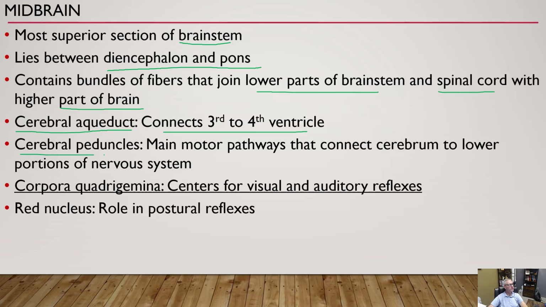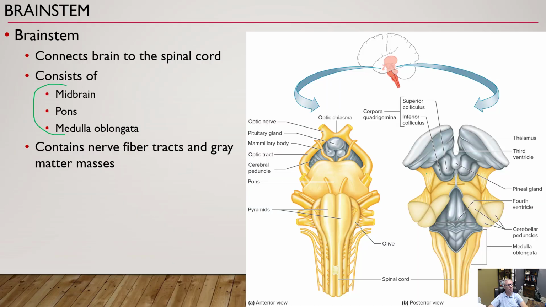We also have these cerebral peduncles, and that's just basically a motor pathway that connects the cerebrum to the lower portion of the nervous system. Let's see.